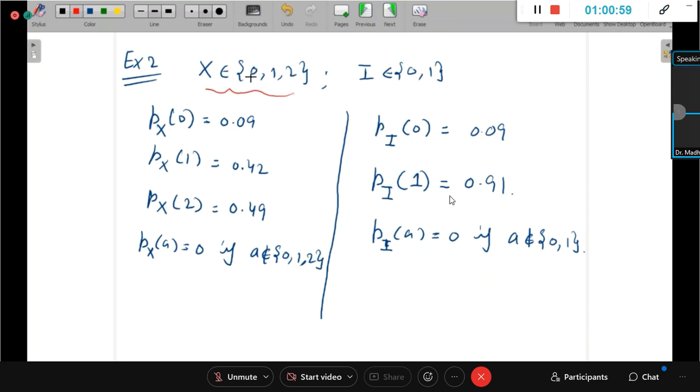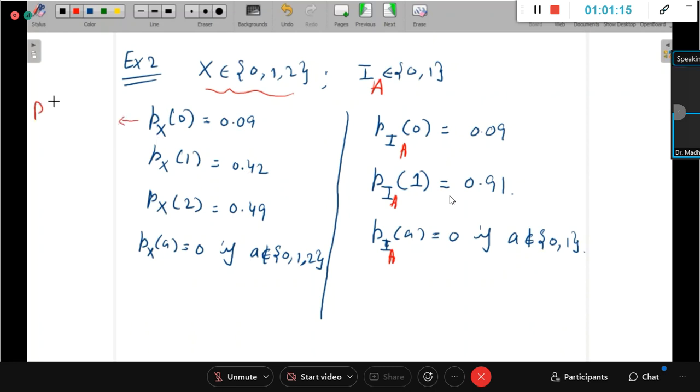Similarly, for the next case, there are two random variables we have defined. One is the number of acceptable components, and the other, I_A, is the indicator random variable when the event A has occurred.